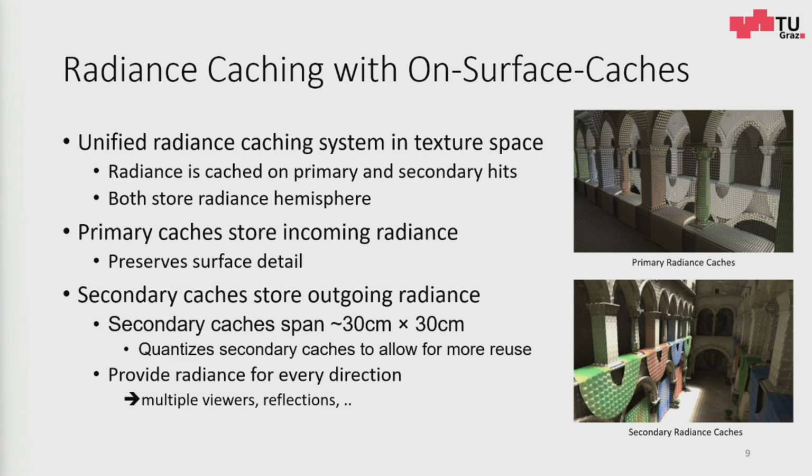The primary caches store the incoming radiance, so you can integrate with the BRDF at full resolution later on. Secondary caches store the outgoing radiance, so here the BRDF is already evaluated. This will lose some surface detail, but it doesn't really matter since secondary caches are used as a coarser radiance cache and only serve basically as a source of radiance for primary caches most of the time.